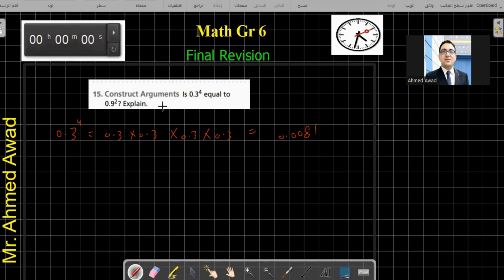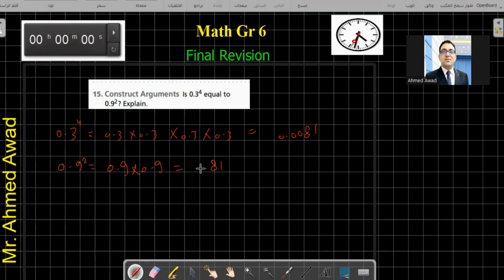So the answer here is going to be 0.0081. The second value is 0.9 to the power of 2. So this means it's going to be 0.9 multiply 0.9. Now, teacher, 9 times 9 is going to be 81. And the decimal point is after only 2 digits.